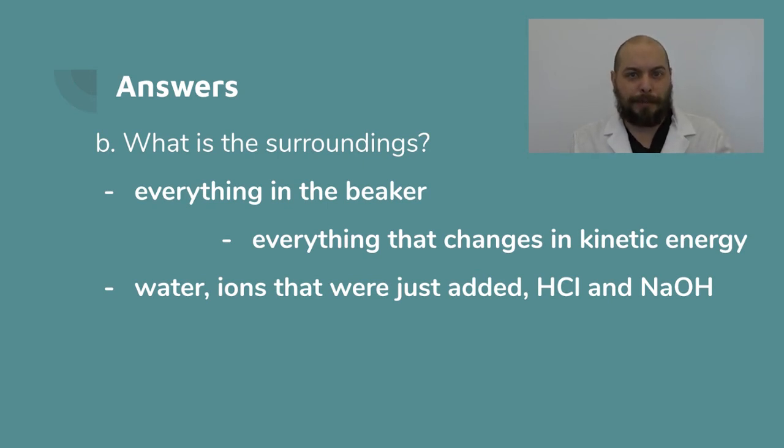So the system aspect is any change in potential energy. But for the surroundings, we have to account for the HCl and NaOH as well as the water, because all of it is a part of the surroundings. So again, the key here, you have to keep this straight in your head. System, change in potential energy. Surroundings, change in kinetic energy.